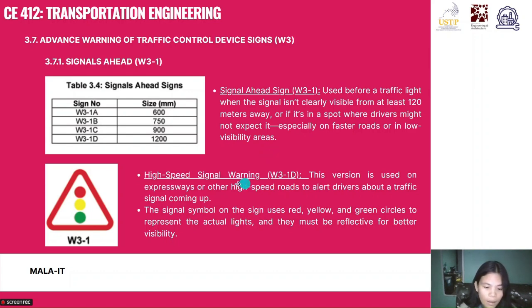A variant, W31D, is used on expressways or other high speed roads. The signal symbols, the red, yellow, green, must be reflectorized and visible for better visibility.